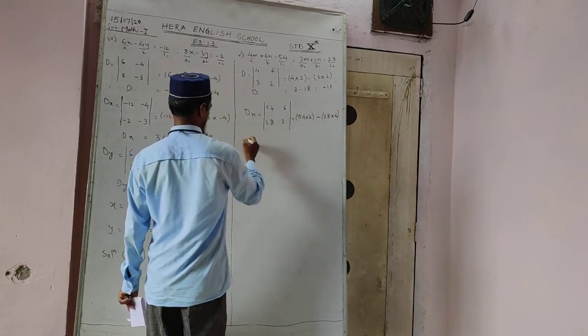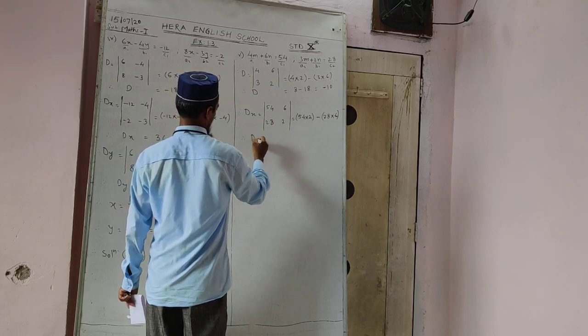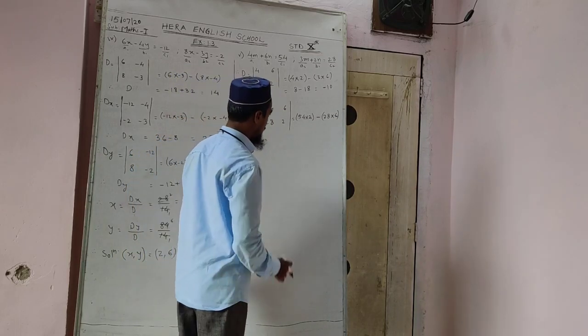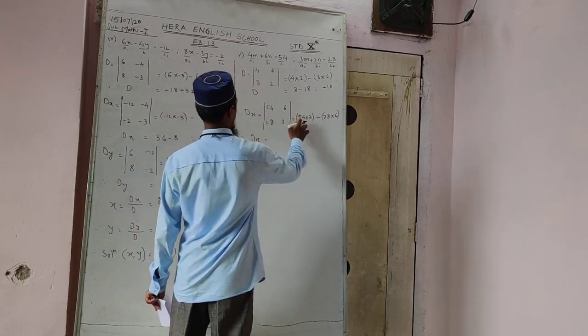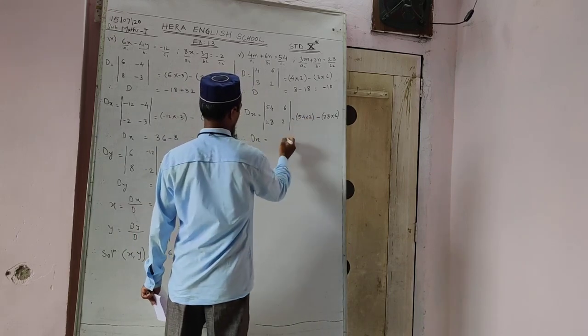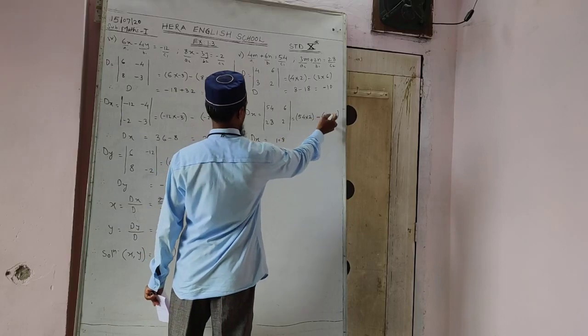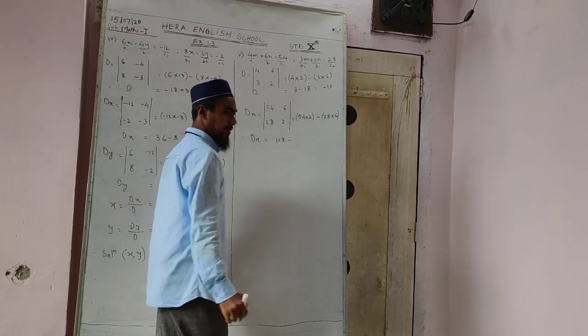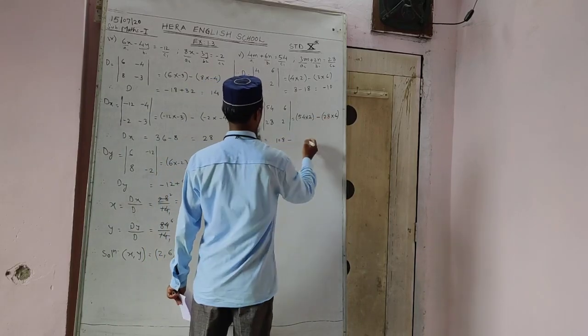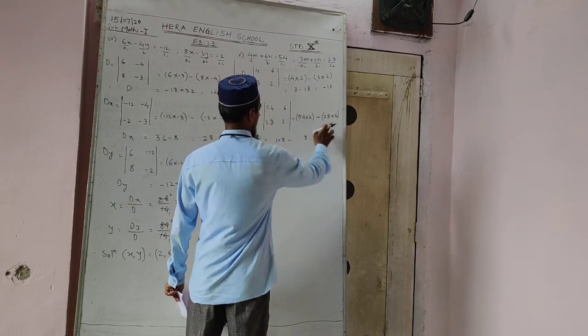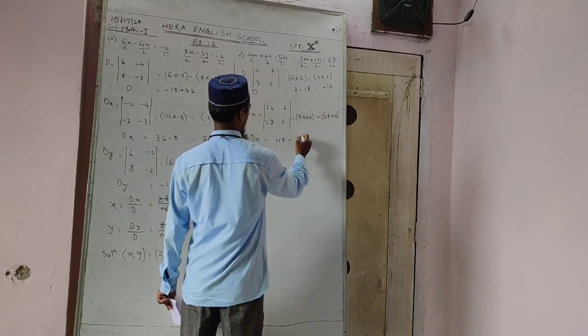The numbers are big, so do the product very carefully. Now 54 into 2: 2 4s are 8, 2 5s are 10, you will get 108. Plus minus minus, here also multiplication is there: 6 8s are 48, 4 carry, 6 2s are 12 plus 4 is 16, so 168.